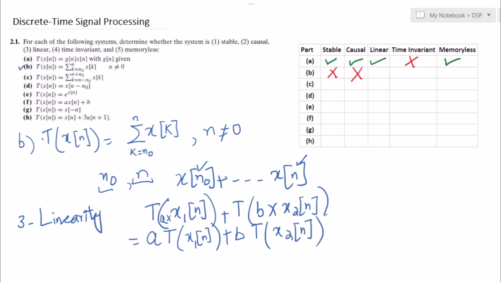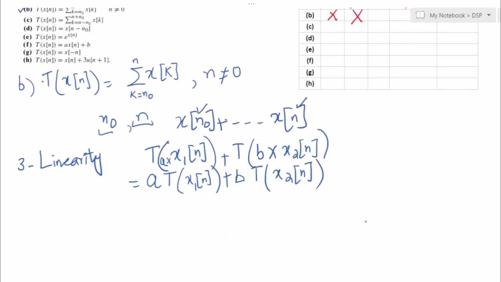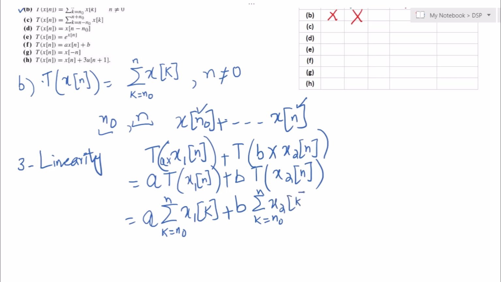What it will do is, with a, the summation from k equal to n0 up to n of x1 of k, plus the summation from k equal to n0 up to n of x2 of k. Okay, so this is the first one.